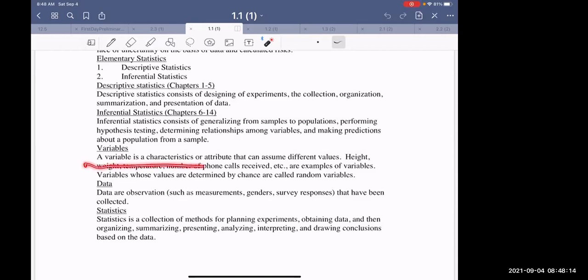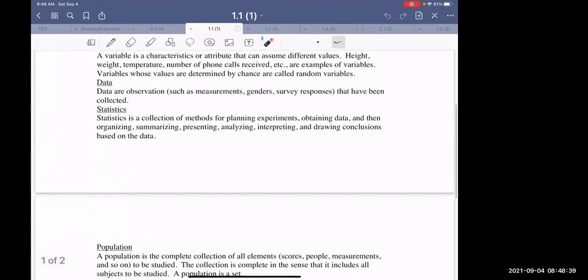A variable is a characteristic or attribute that can assume different values, such as height, weight, temperature, number of phone calls. So those are variables. A variable whose values are determined by chance is called a random variable. Of course, in reality, that's not quite a random variable, but we'll give a better definition later.